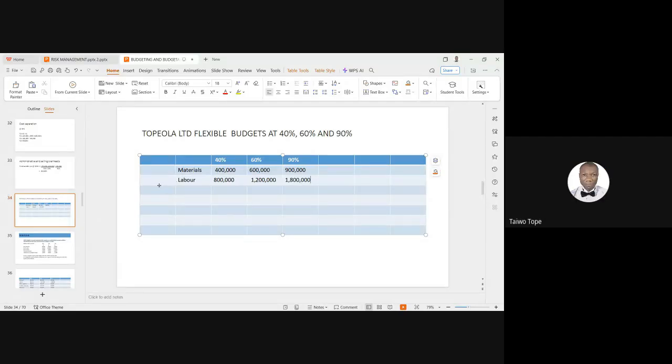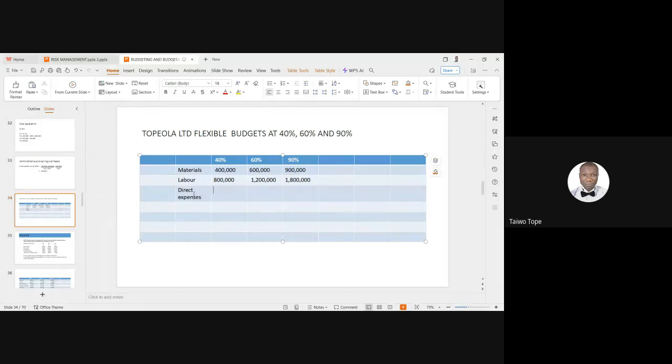What next? Our direct expenses. At 40% is what? 200,000. At 60% is what? 300,000. At 90% is what? 450,000. In manufacturing accounts, when you add all direct expenses together, what will you derive?